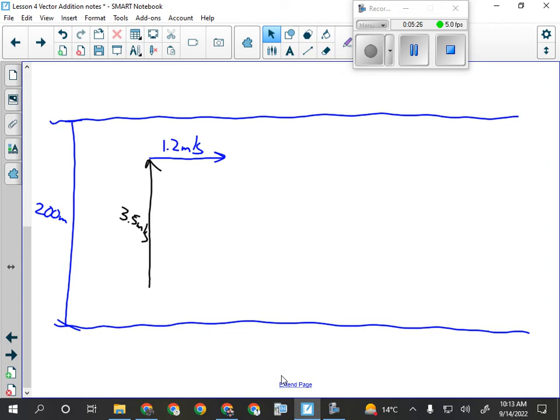Because if I had a drone flying over top of this person while they're doing that, what is the drone going to see? They're going to see the boat going like this, because that is the resultant of those two velocities, both the rowing and the current.